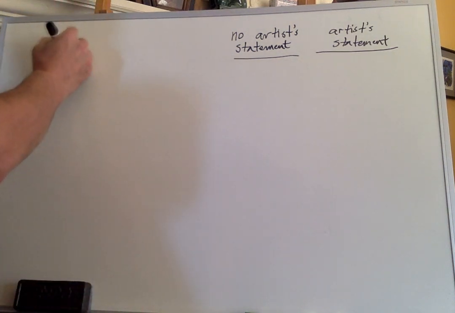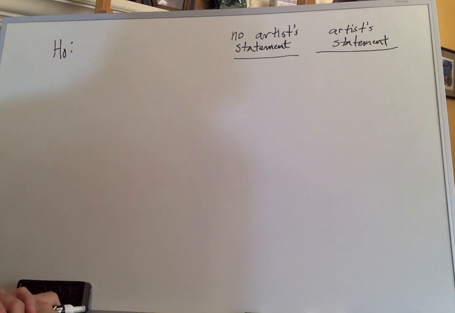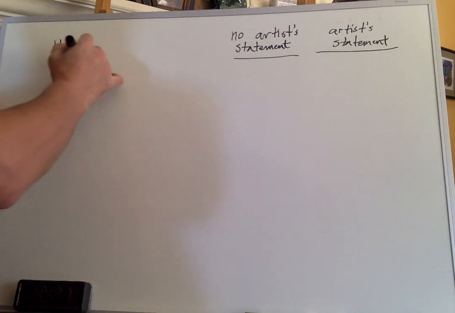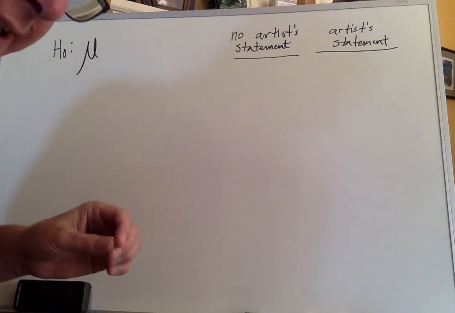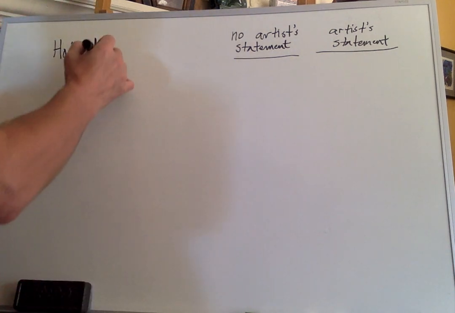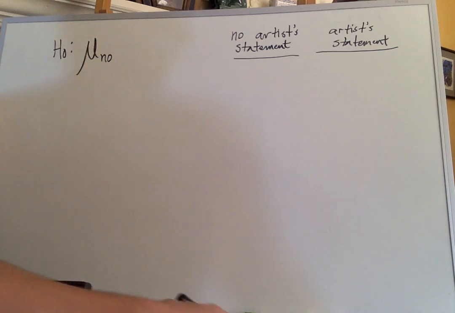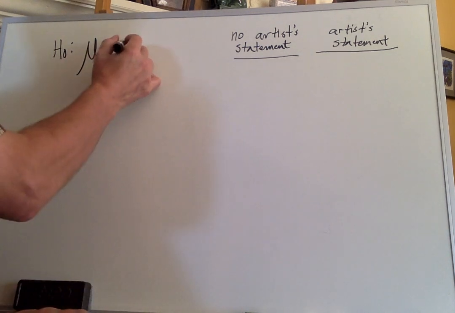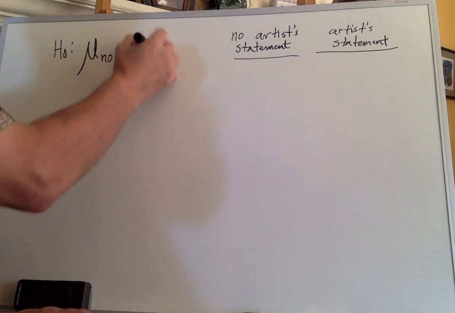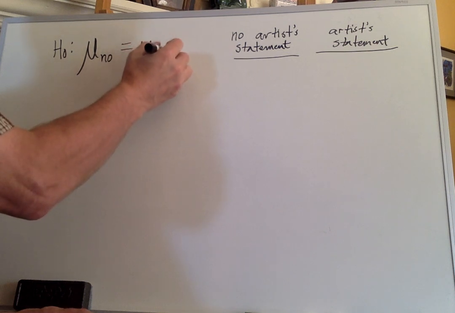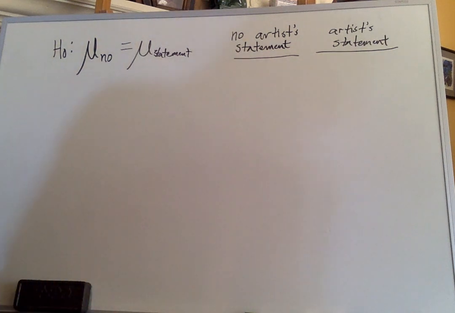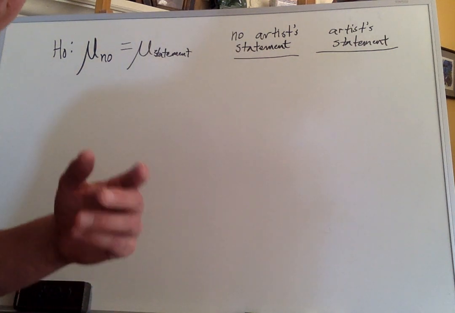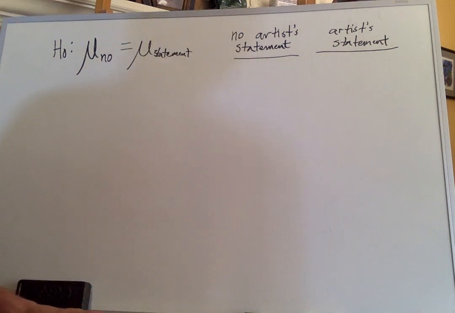So the null hypothesis in this case would say that the mean for the liking of the artwork for the population that gets no artist statement is going to be equal to the mean of the population that reads the artist statement prior to looking at the artwork.